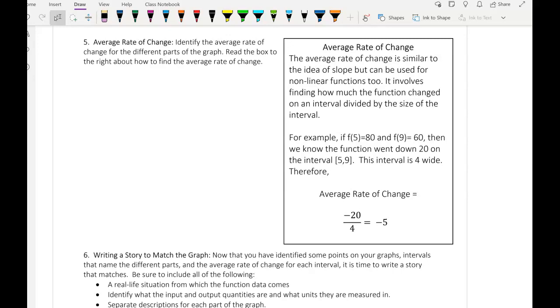For that first part, when we're talking about that interval from 0 to 20, we said that was our quadratic and that it was decreasing.